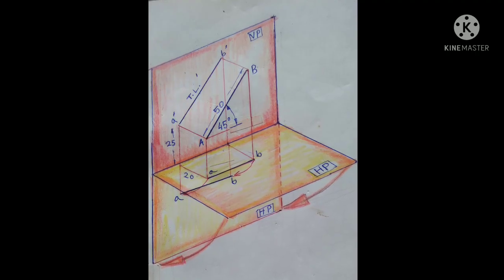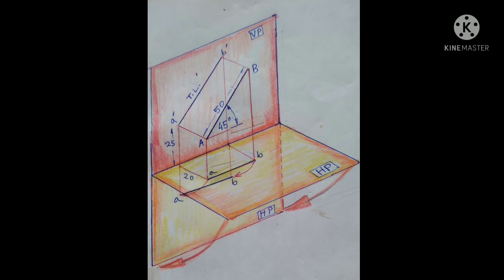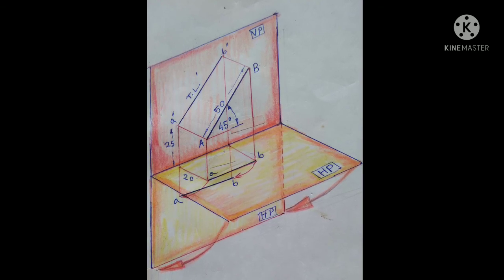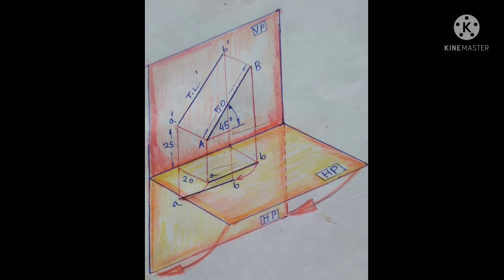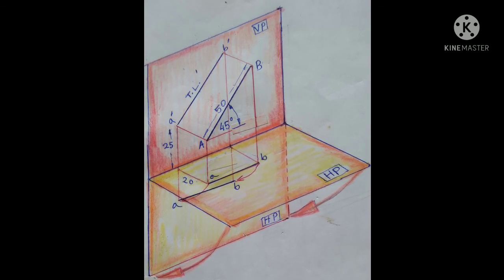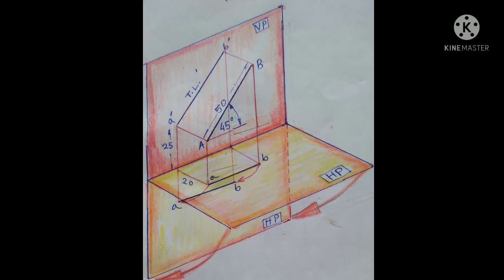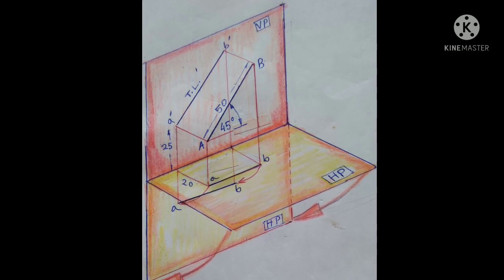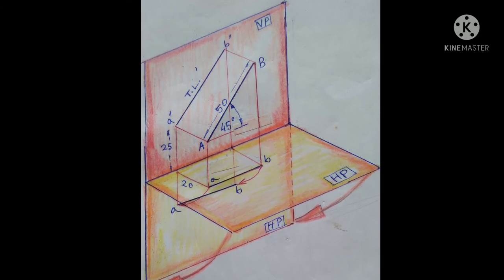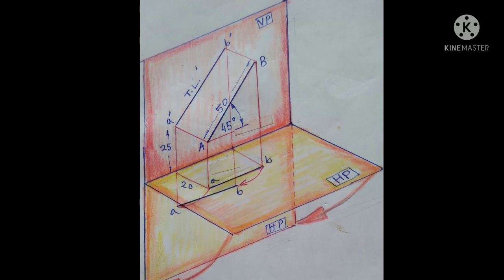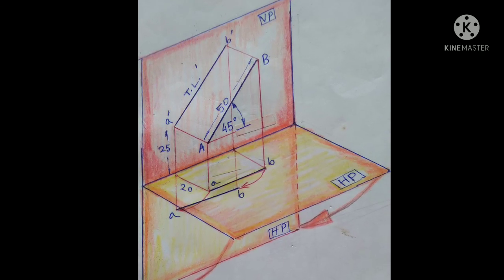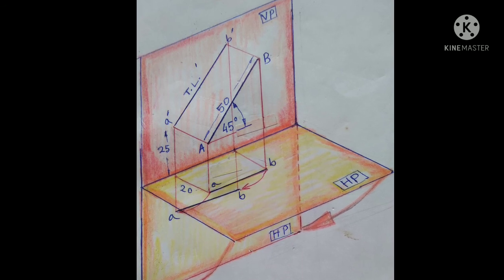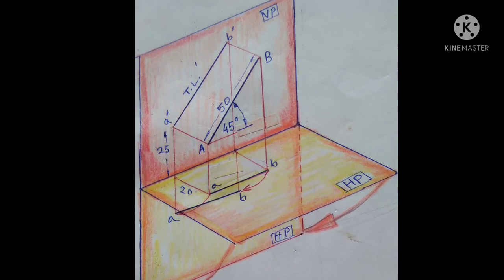Now look at this three-dimensional picture. As the line is inclined to the HP and parallel to the VP, its projection on the VP is its true length, that means 50 mm, and gives its true inclination to the HP, that means 45 degree, so that we can get its true length and true angle in the front view.